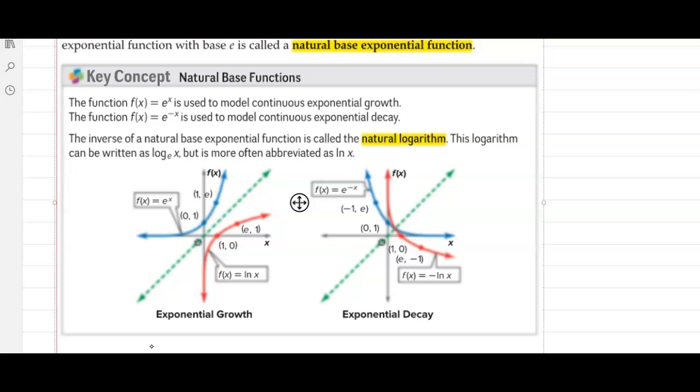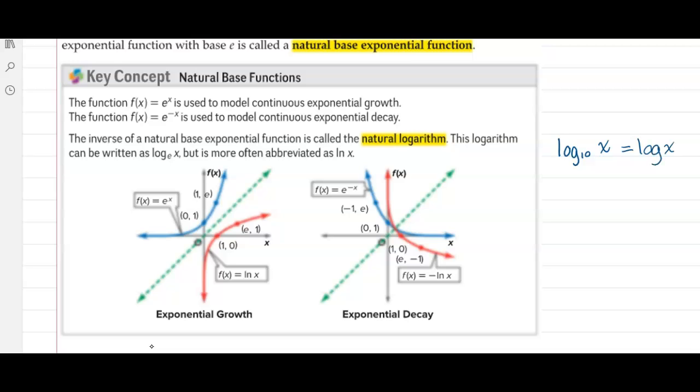All right, the natural base exponential function, so e to the x, would have an inverse, which is the natural logarithm. A natural logarithm just means it's a log with a base of e. So we just practiced looking at logs with a base of 10 of some number. So when that happens, we don't even have to put the base, we just write it like this.